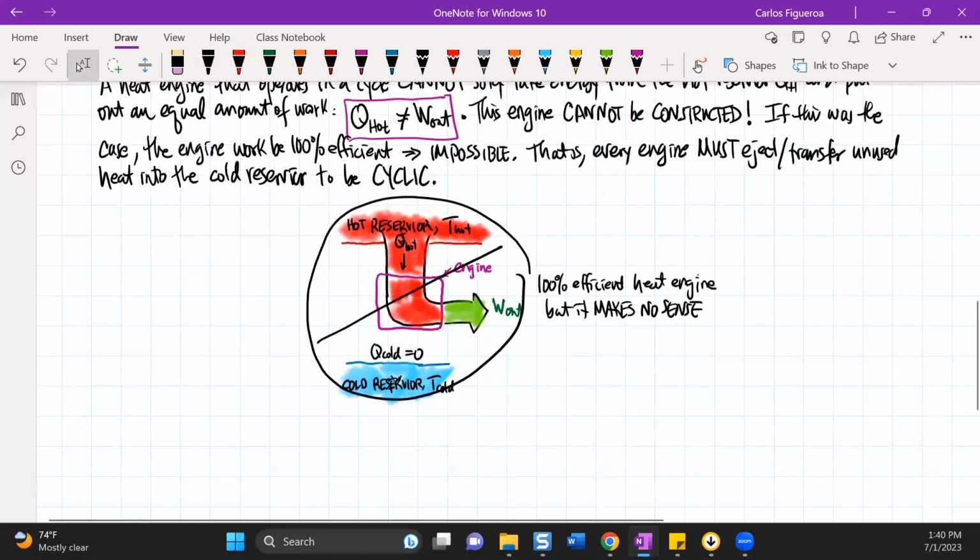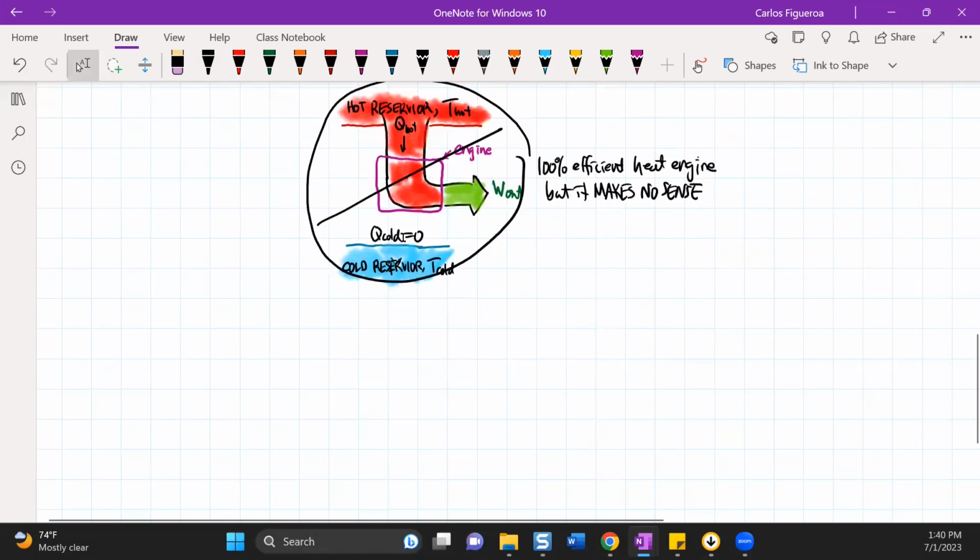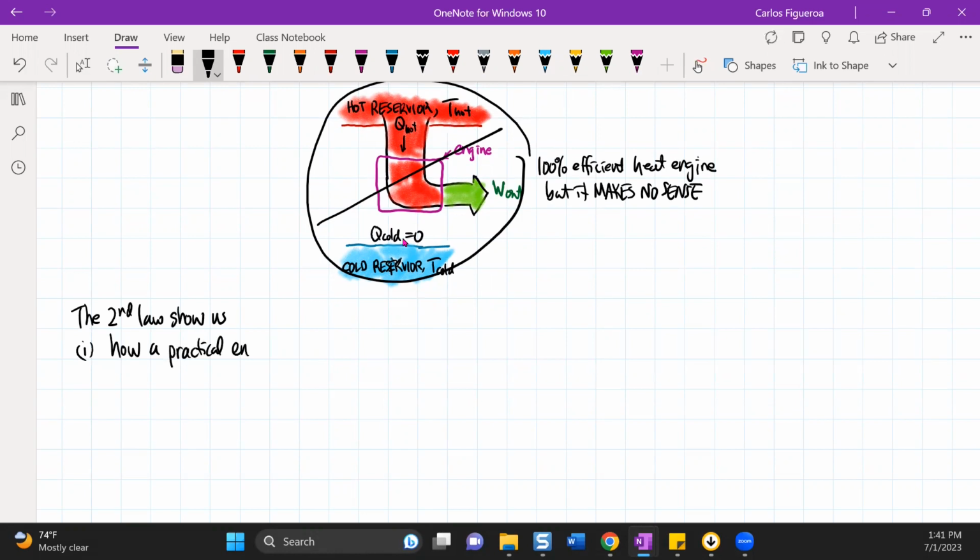So here's what we're going to do now. Let's go into the details. The second law shows us, one, how a practical engine transforms, and here's the important piece, internal energy.